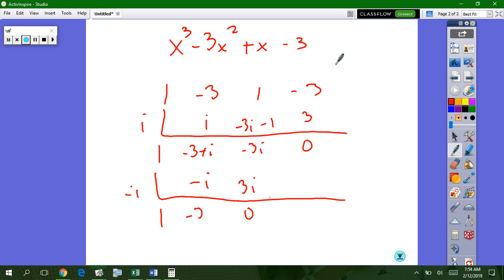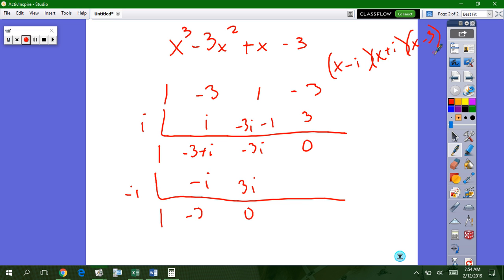And so they're off here. x minus i, x plus i. And then our last one is x minus 3, which we already have. So if they ever give you imaginary solutions as a 0 already, you could still use synthetic to go through it.